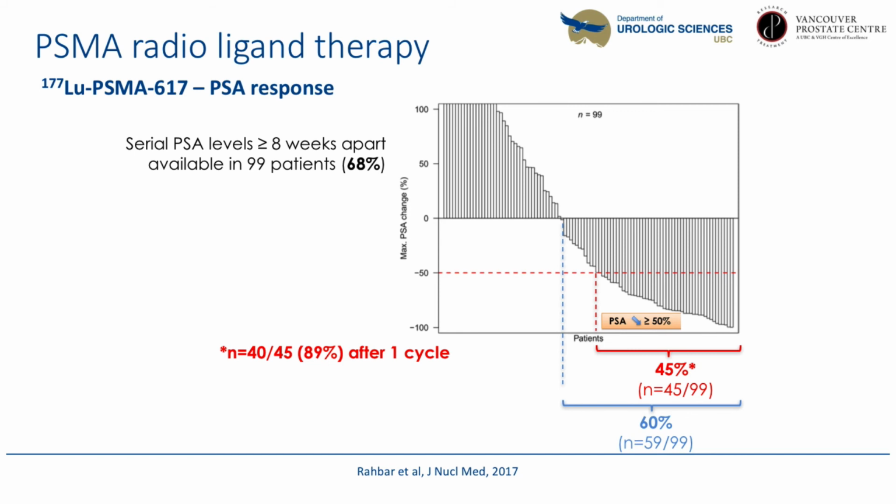Out of these 145 patients, serial PSA levels were available for 99 patients, and in those 99 patients, the response rate for a PSA decline of over 50% was 45%, most of them already after the first cycle.